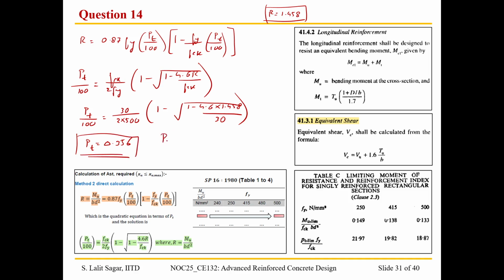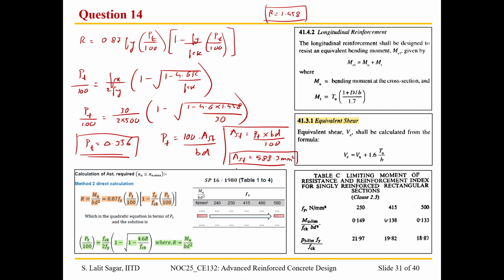So Pt is equal to 100 into AST by BD. So AST is equal to Pt into BD divided by 100. Correspondingly, I am getting a value of 588.3 mm square.